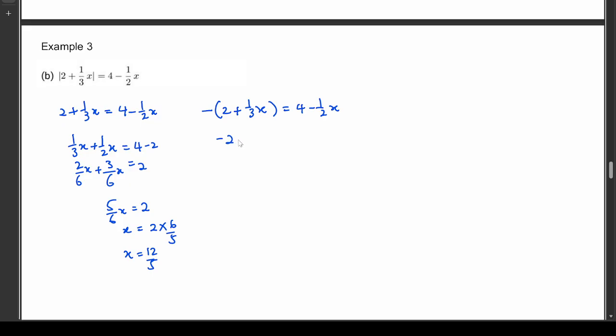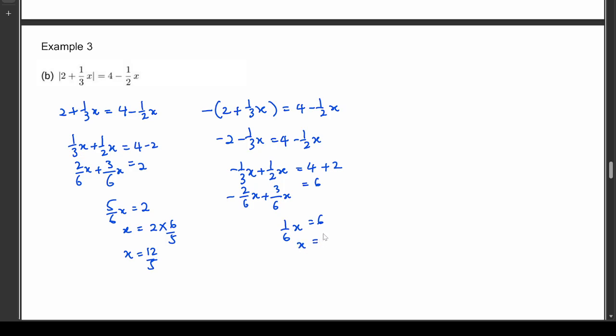The other answer, and you'll get 1 over 6.